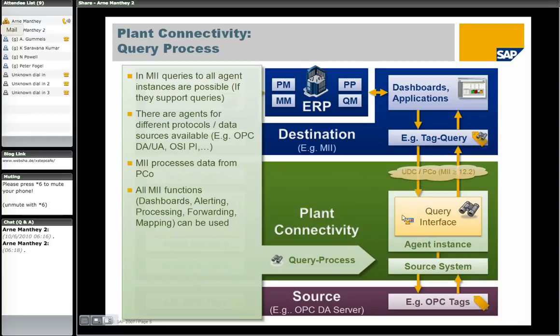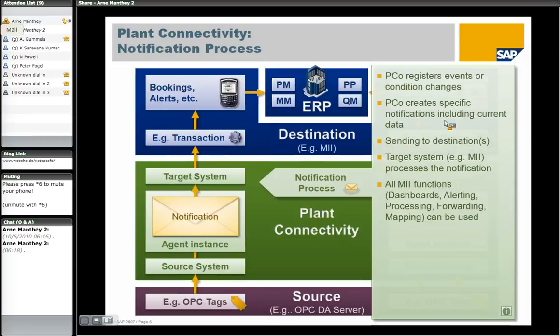It is transferred to the agent there, and the agent is then getting the data from the source system and returning the data back. Of course, all the functions here in MII are then possible to evaluate the data, to calculate the data, or to display the data.